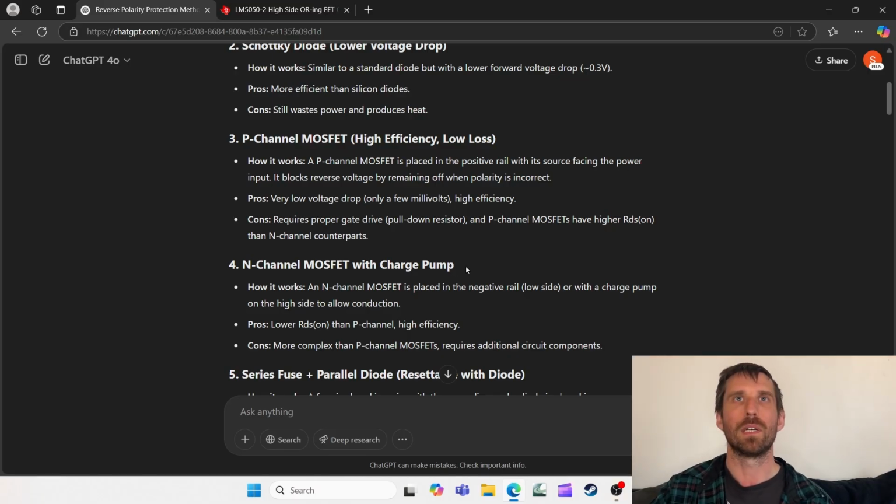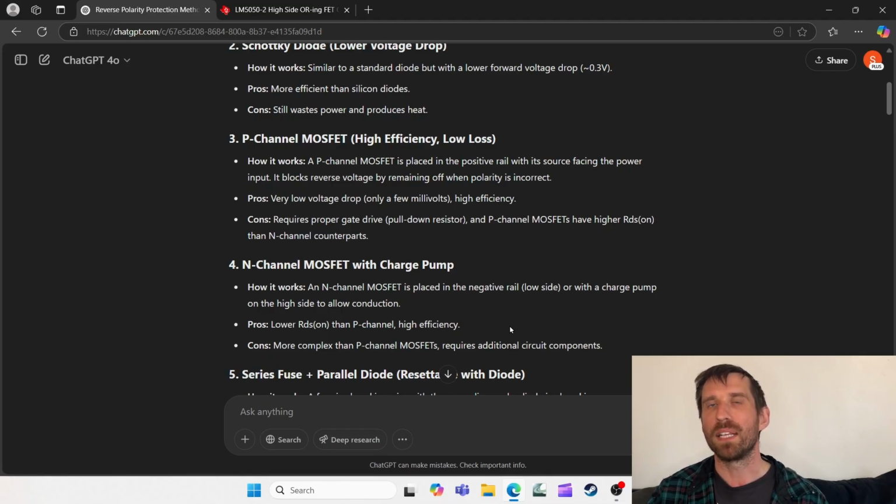Now, let's go to the next one, N-channel MOSFET with a charge pump. So what they're basically doing is they need that 0.7 volt voltage drop for VGS. So they're making the gate higher than the drain. I can never remember which one is which.